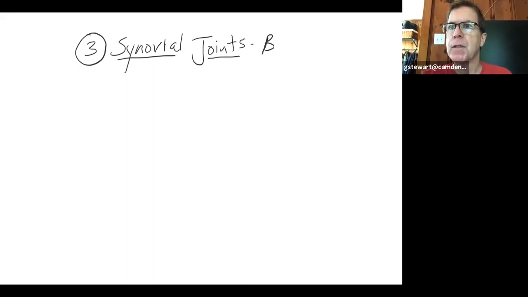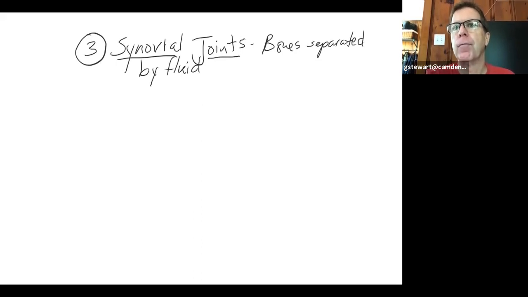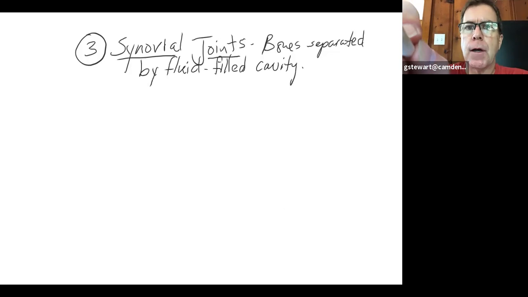These are specifically, by definition, bones separated by a fluid-filled cavity. So that's their definition. Just so you know, these are diarthrotic, and so they are fully movable.